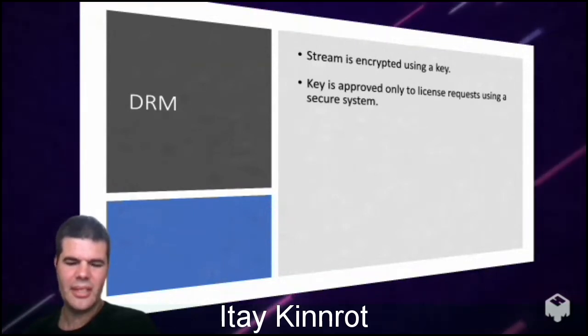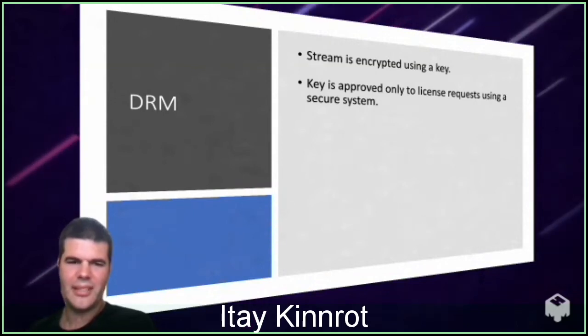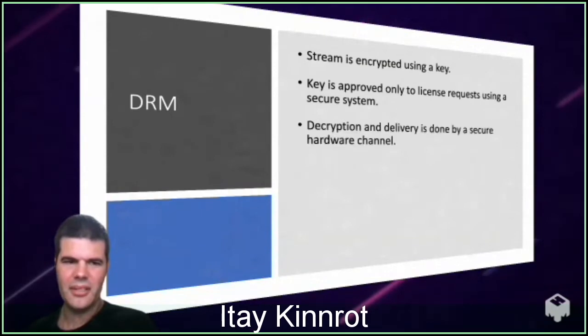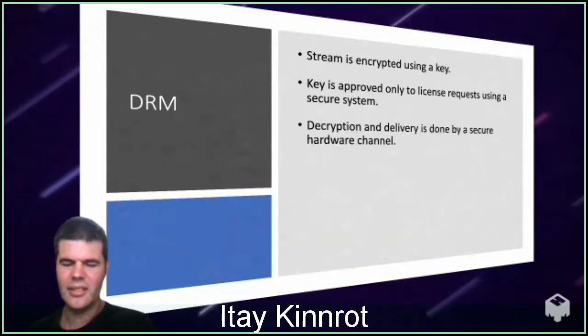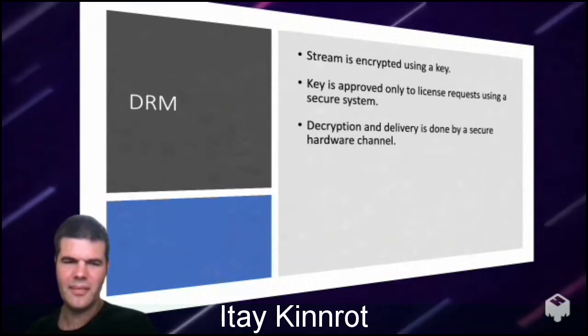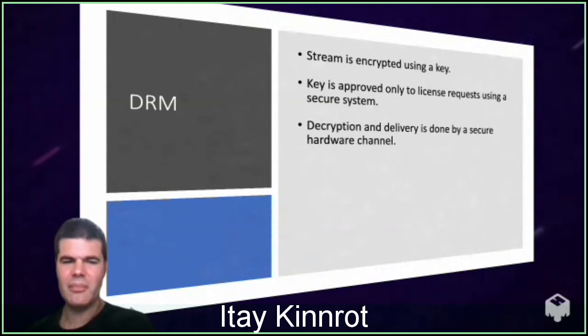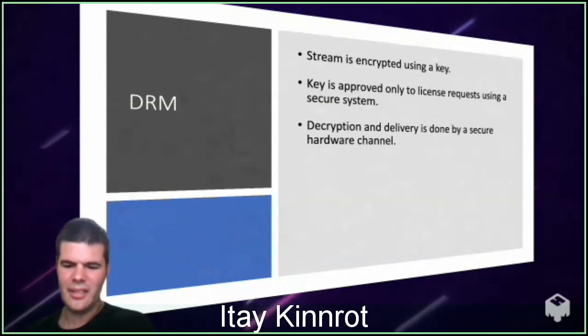Okay, so the DRM system is actually a way to pass the key to the user in a secure way. Okay, and who is actually doing this secure way? Usually the DRM provider, and we'll talk about it. The decryption and delivery is done by a secure hardware channel. Okay, so all of your phones, Android, iOS, have a hardware chip that's responsible for it.